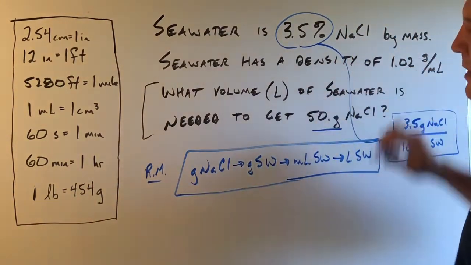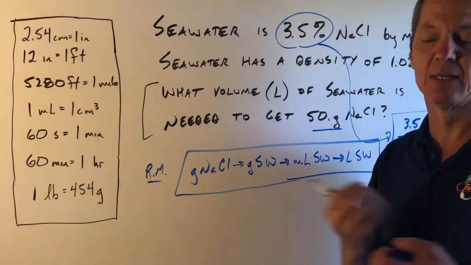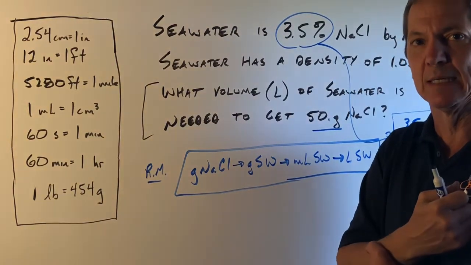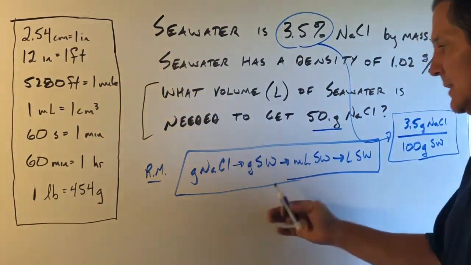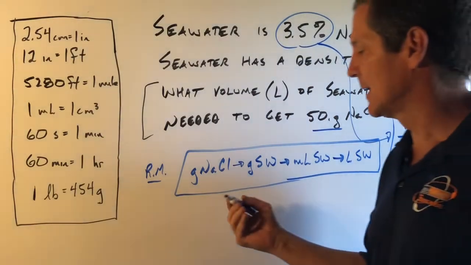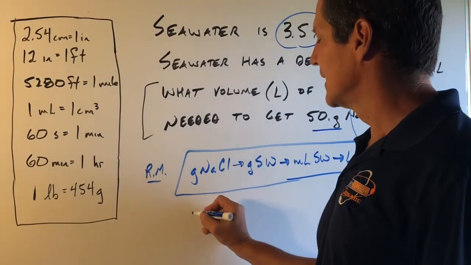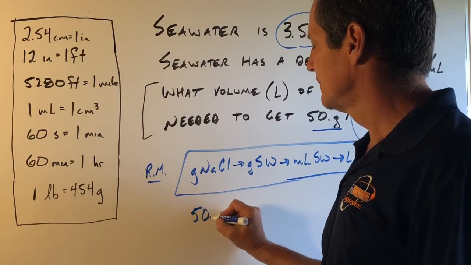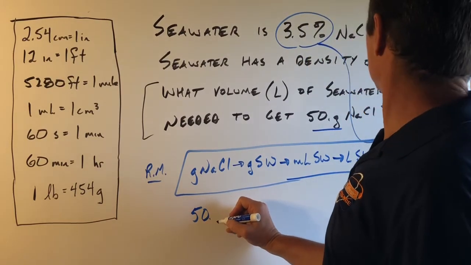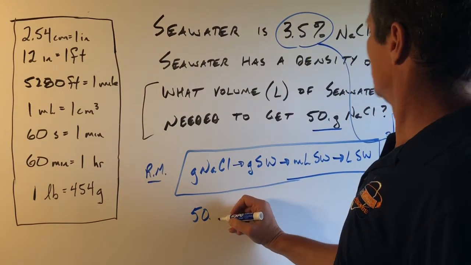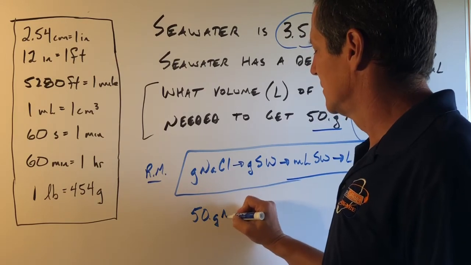And I'm guessing this problem looks difficult. A lot of people throw their hands up. If it was a quiz or test question, results might not be great, but it's really not that many steps. Okay, actually the calculation, I have my 50 grams. What did I say, 2 sig figs? Somewhere in there, 50 grams of sodium chloride, salt.